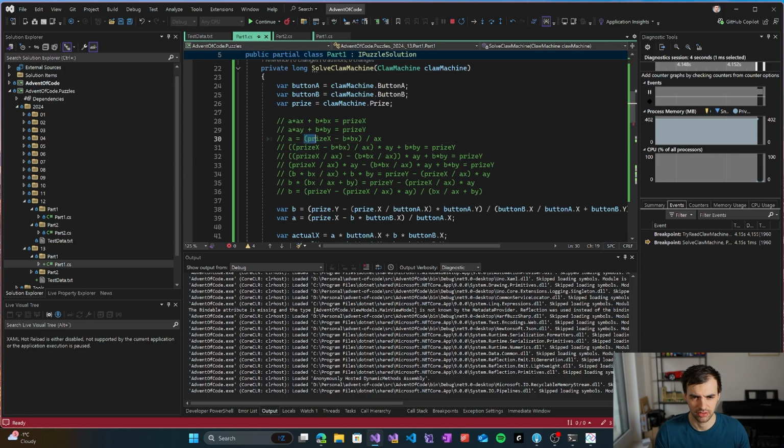So this whole thing goes here times AY plus BY equals price Y. So now we need to get the B's on one side. So price X divided by AX minus BX divided by AX times AY. That's okay.